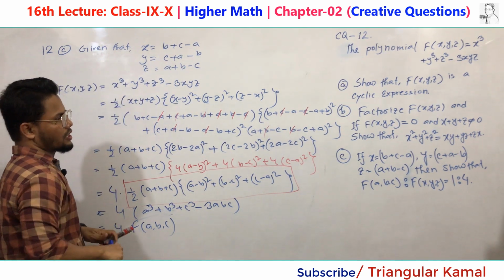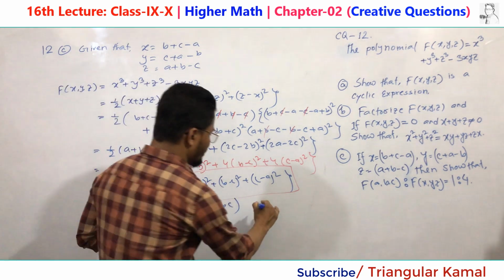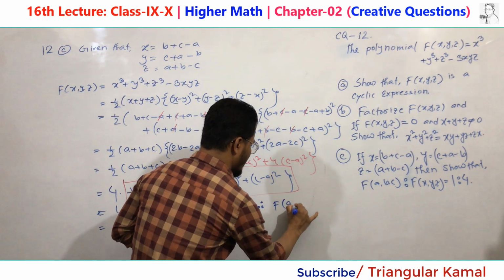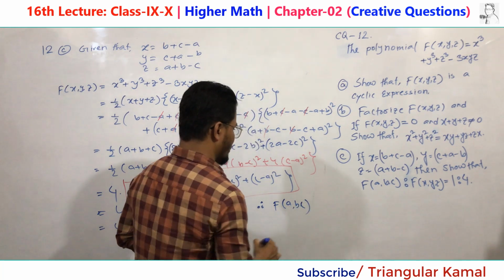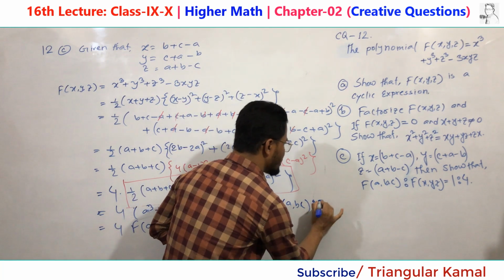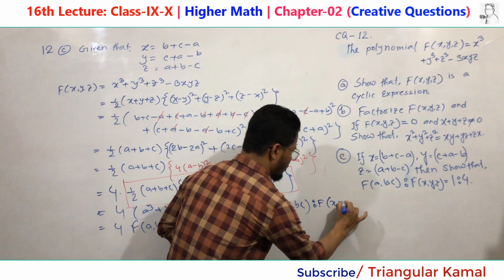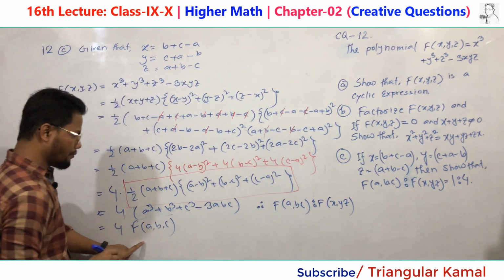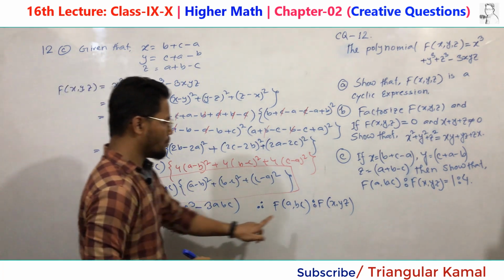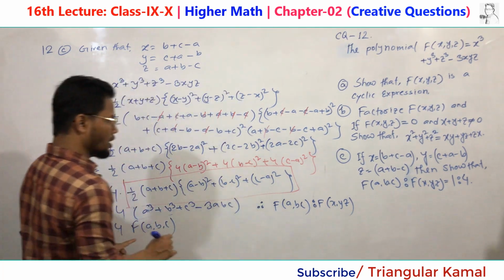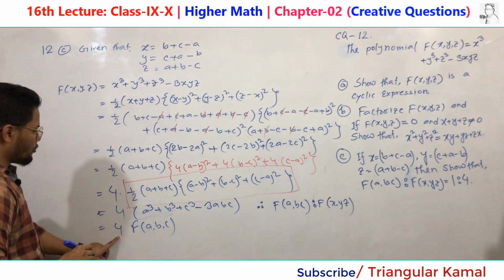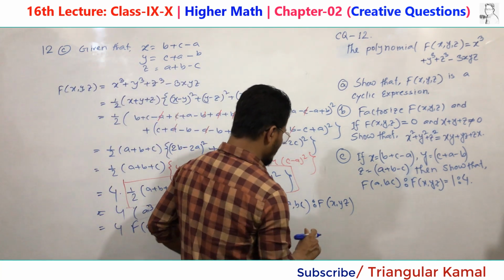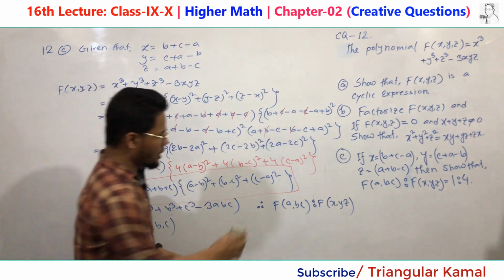So now write as far as quotients. So definitely f of a, b, c ratio f of x, y, z. If you divide f of abc by f of x, y, z, you will get here 4 divided by 1. So definitely if we do cross multiplication, just give attention.